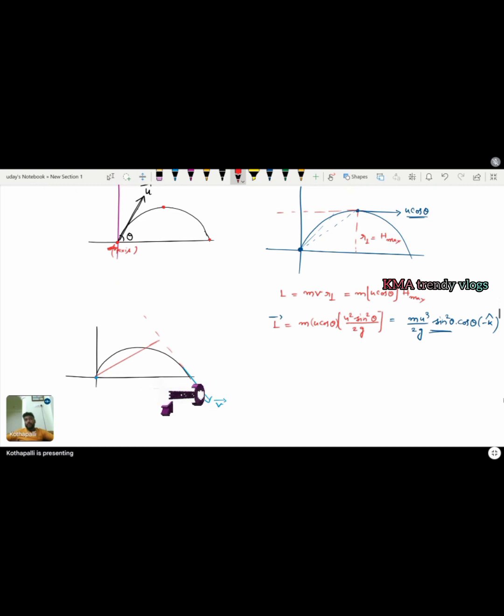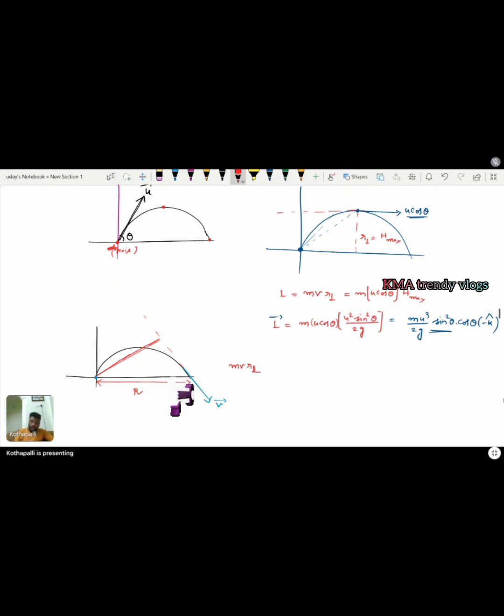Apply m, because with whatever velocity it left the ground, the same magnitude of velocity it will have when reaching the ground. Components will just be reversed in the vertical direction; the horizontal component will remain the same. So either go with m v r perpendicular by calculating this distance, because this distance we already know is nothing but the range, and the velocity is nothing but the initial velocity only.